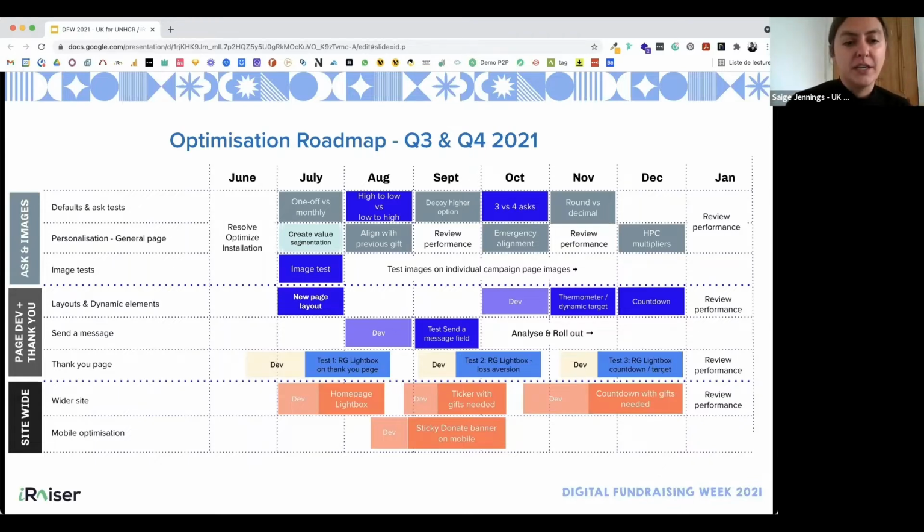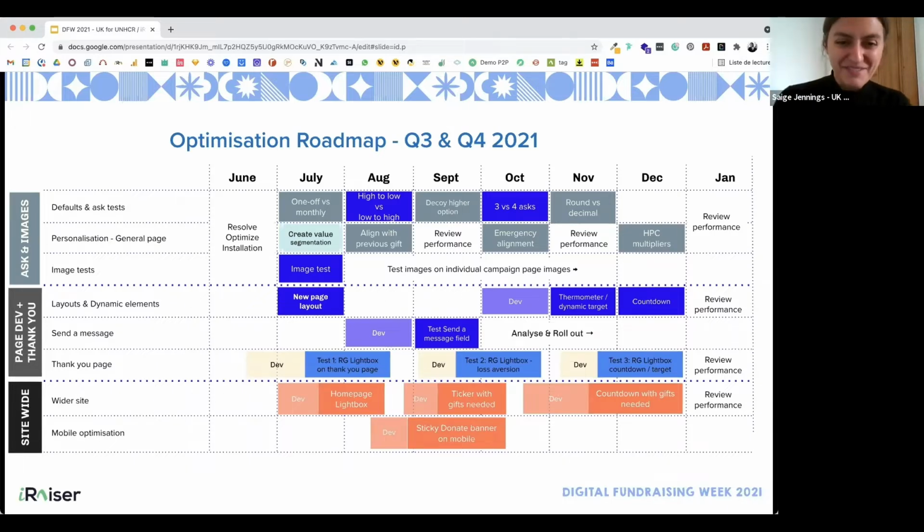And then also what we can do on the wider site. Would we be able to include anything to tie together the pages and test on our wider website? We are using Google Optimize to run all these tests, and it's been really helpful so far.